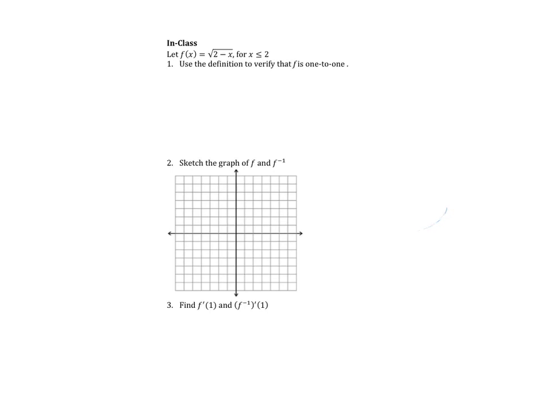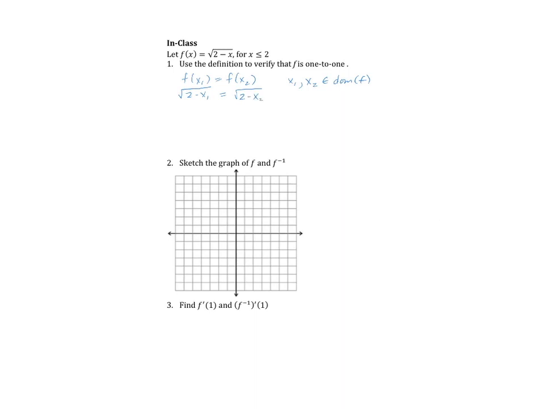So remember what we do, right? What we need to do is assume that our y values are the same. So we have f of x sub 1 equal to f of x sub 2, where x sub 1 and x sub 2 are just elements in the domain of my function. So if I replace f of x sub 1 with the definition of this function, it's the square root of 2 minus x sub 1 equal to the square root of 2 minus x sub 2.